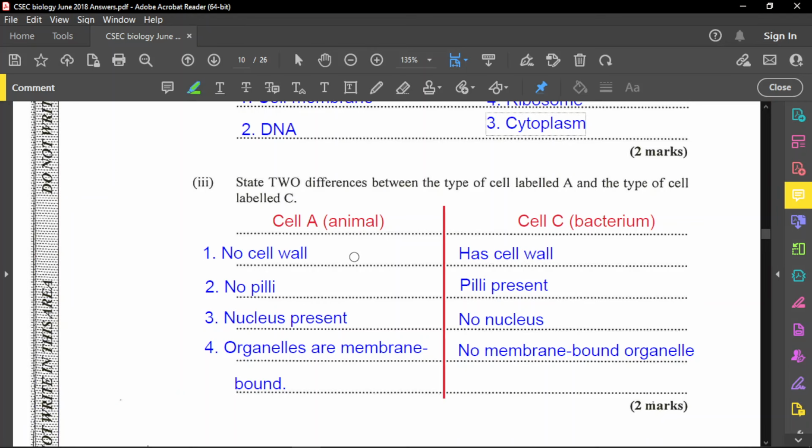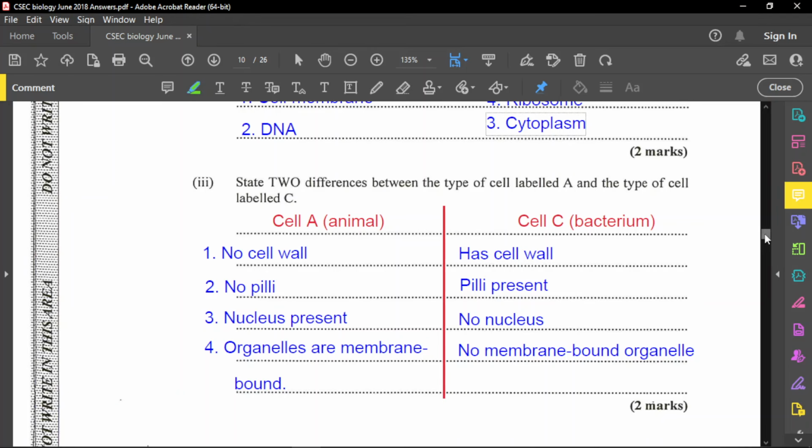For bacteria, yes, a cell wall is present. For cell A, no pili, but pili are present in the bacterium cell. A point to note, right? Normally with some bacteria, you see flagellum. However, for that diagram up top, there is no flagellum shown, only pili.